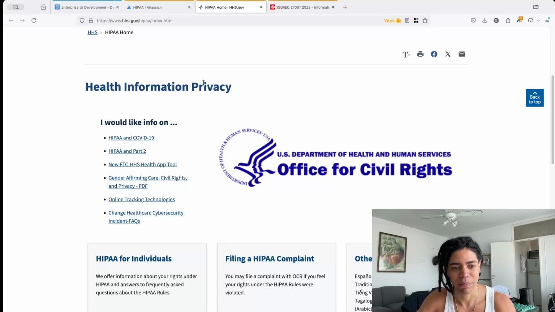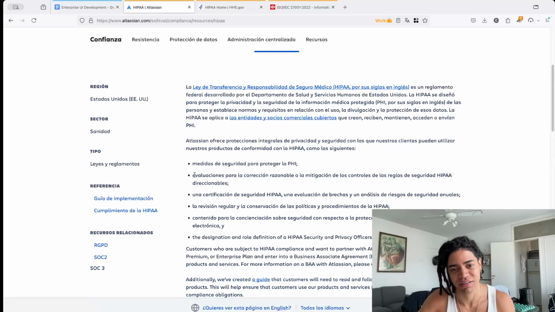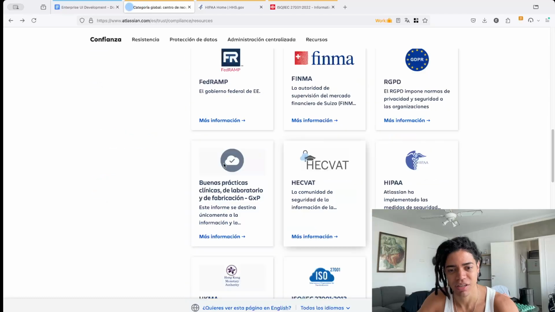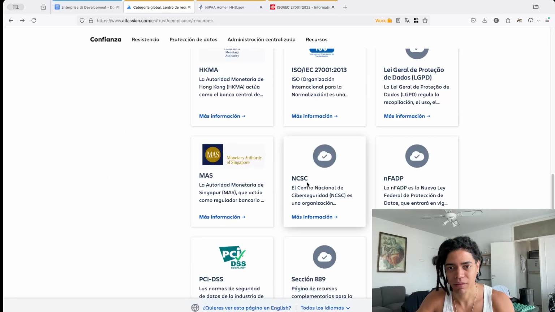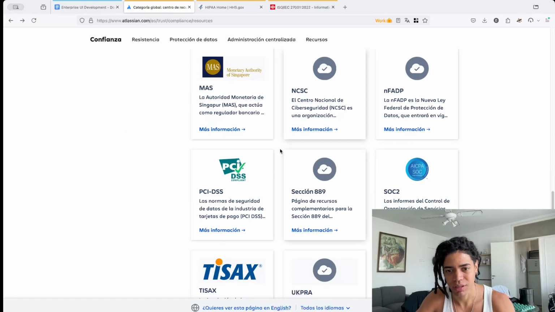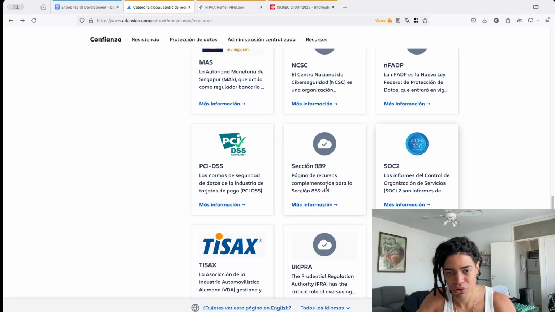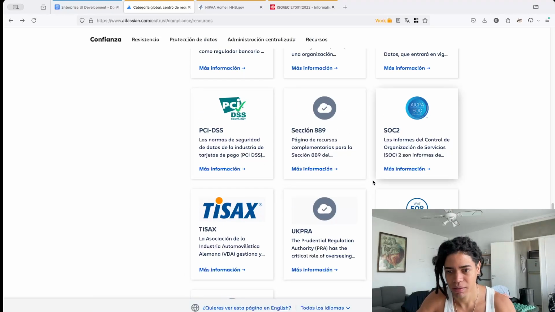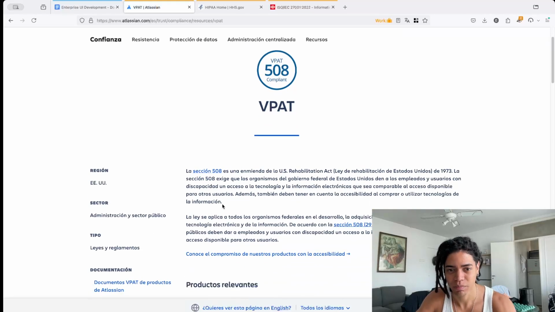Oh crap. HIPAA for individuals. HIPAA compliance. Okay. Jesus. Okay. The ISO. That's right. The SOC 2. Damn, so there's a lot of regulations here. It's a lot of regulation. Rehabilitation Act.